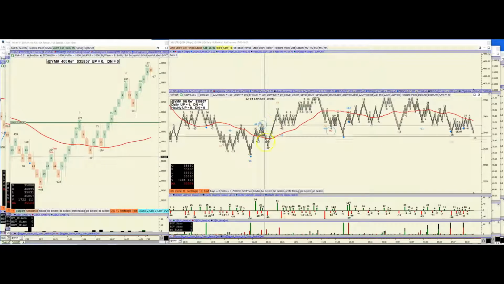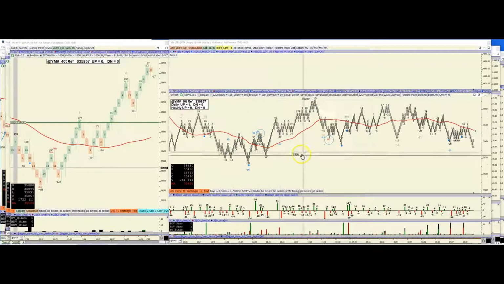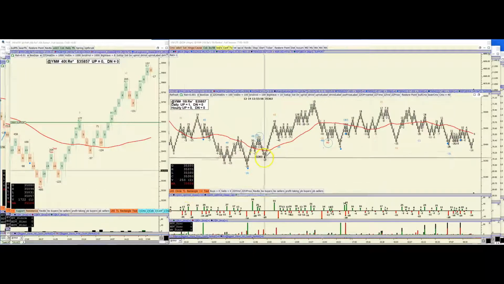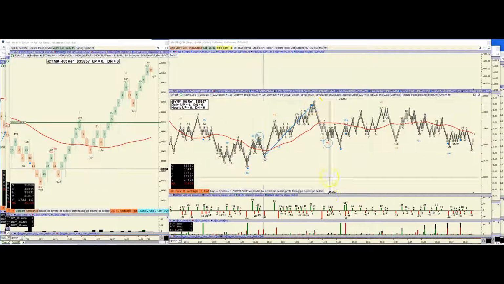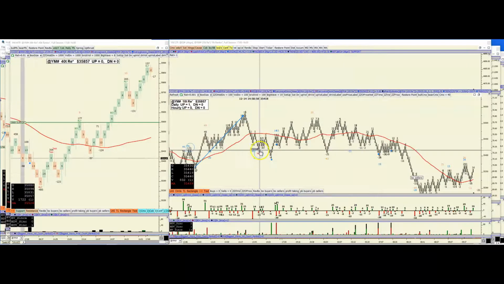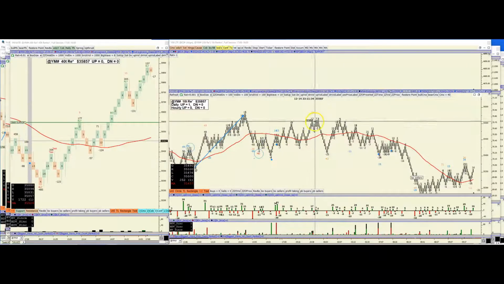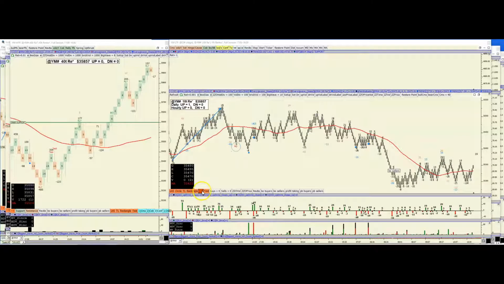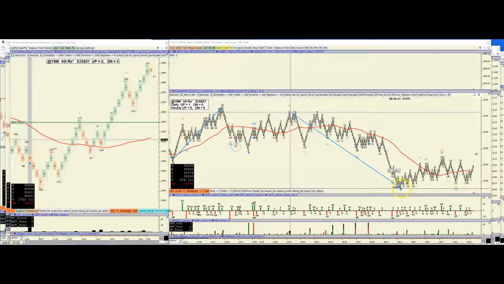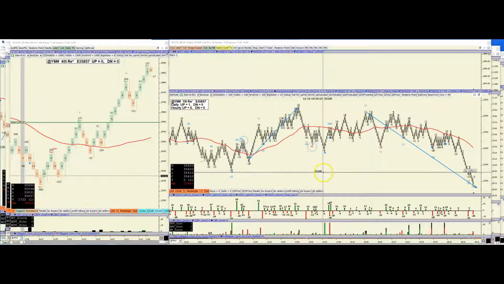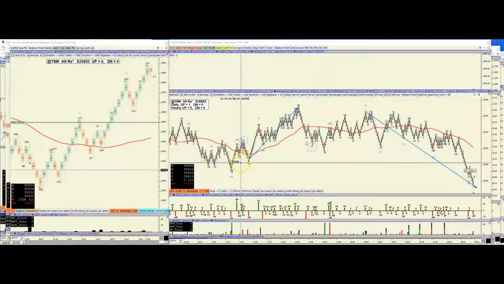In this move, market tests and you get a really nice leg. In this move, market tests, okay? Market tests, and look at the move. So either one of these is, what is it?